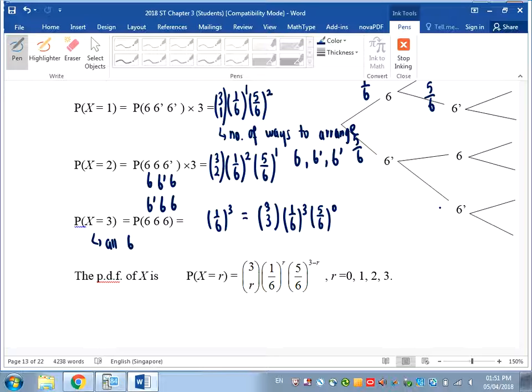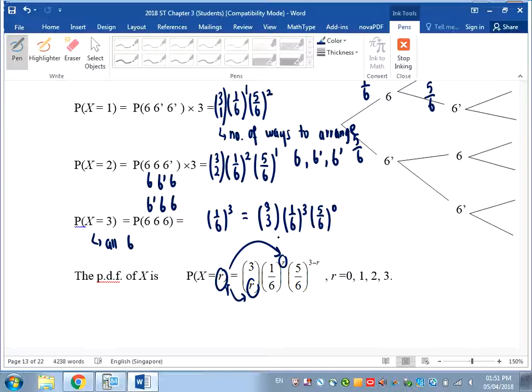Okay, so I'll make a note here. They will be the same. The last thing that we need to realize is the power of 5 over 6. Notice that the power of 5 over 6, when added to the power of 1 over 6, will give me 3.